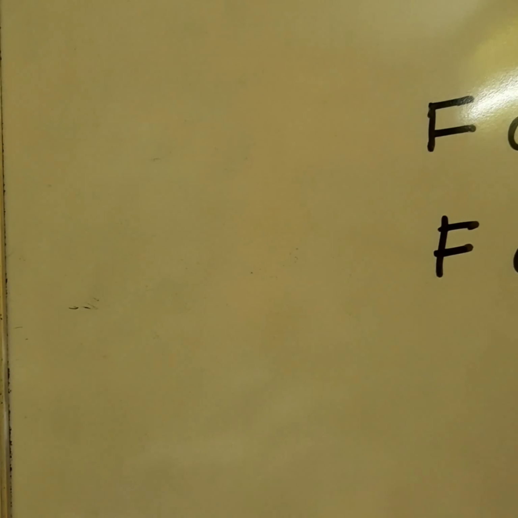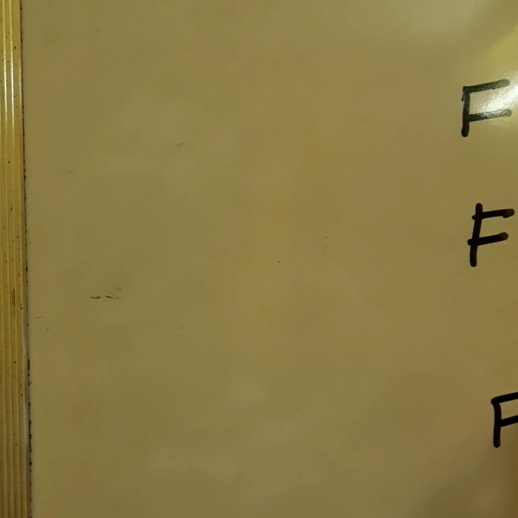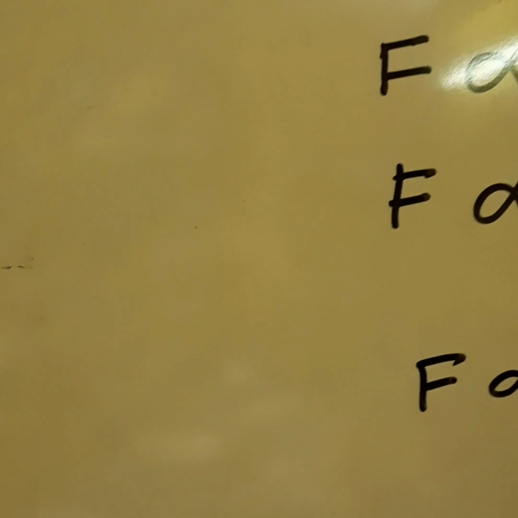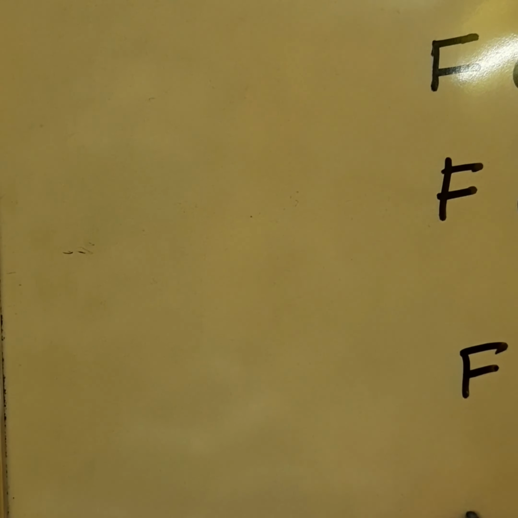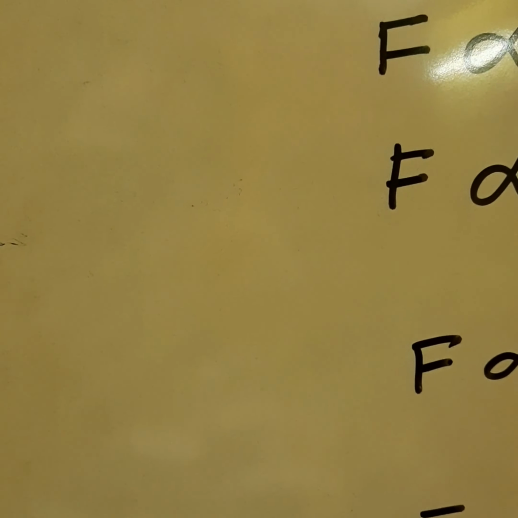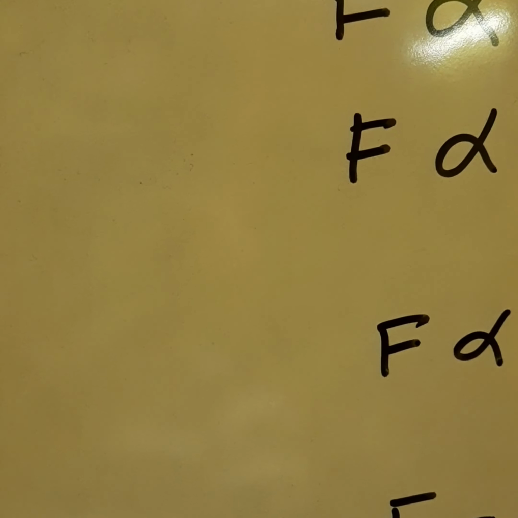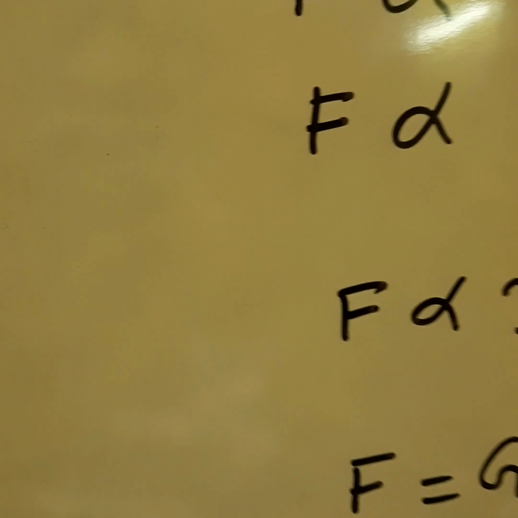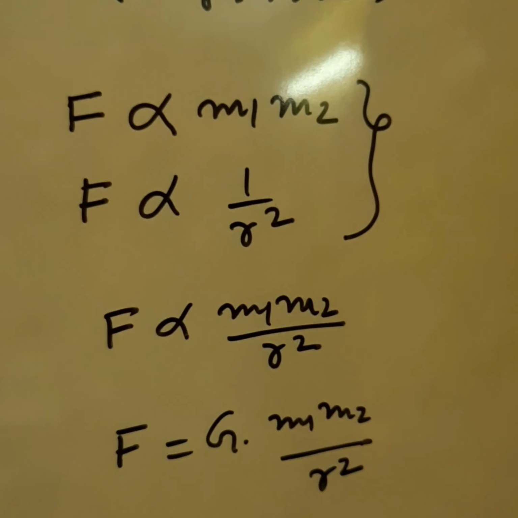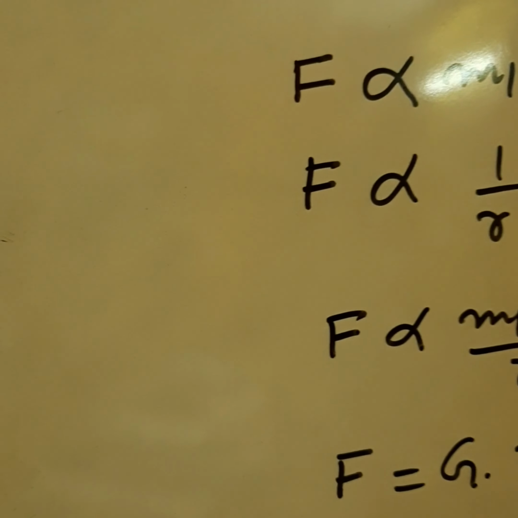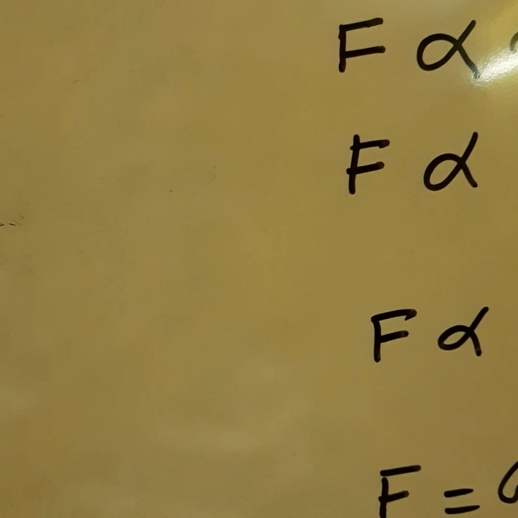So combining these two, we get F proportional to M1 M2 by R square. That is F equal to G M1 M2 by R square. That is the mathematical statement of the law.